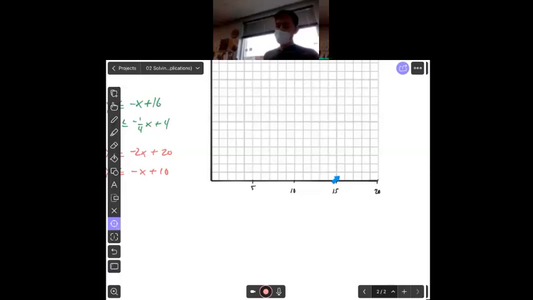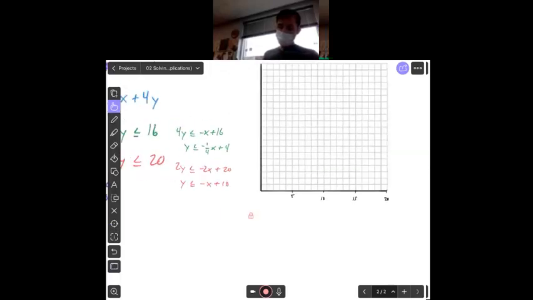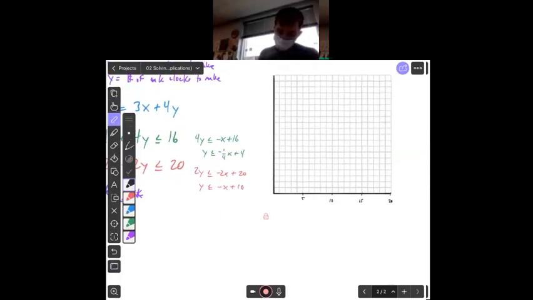So my y-intercept is going to be 4, but my x-intercept is going to be 16. That can sneak up on you sometimes. If you have a very small fractional slope, it's not that it's negative, it's that it's a small fraction like 1/4, you've got to watch out for them. They're very long lines horizontally.